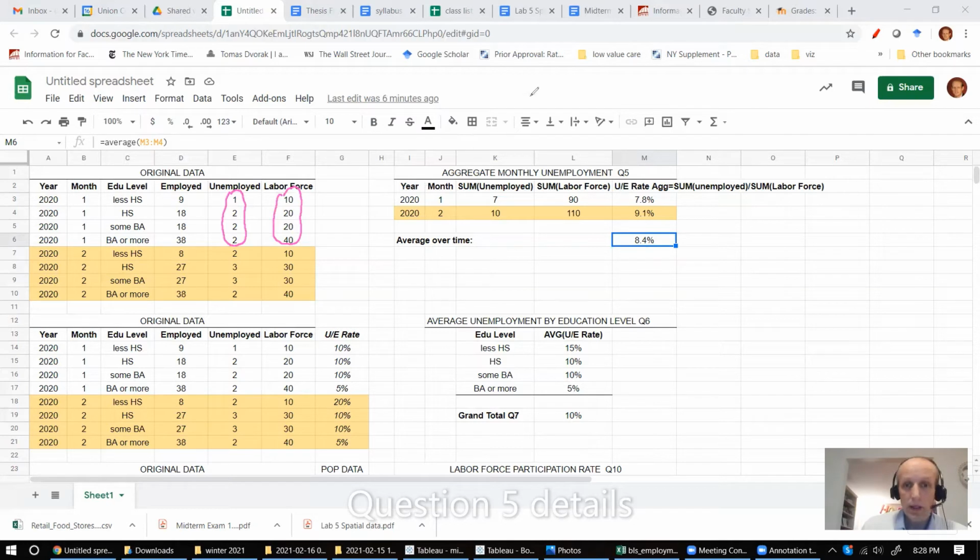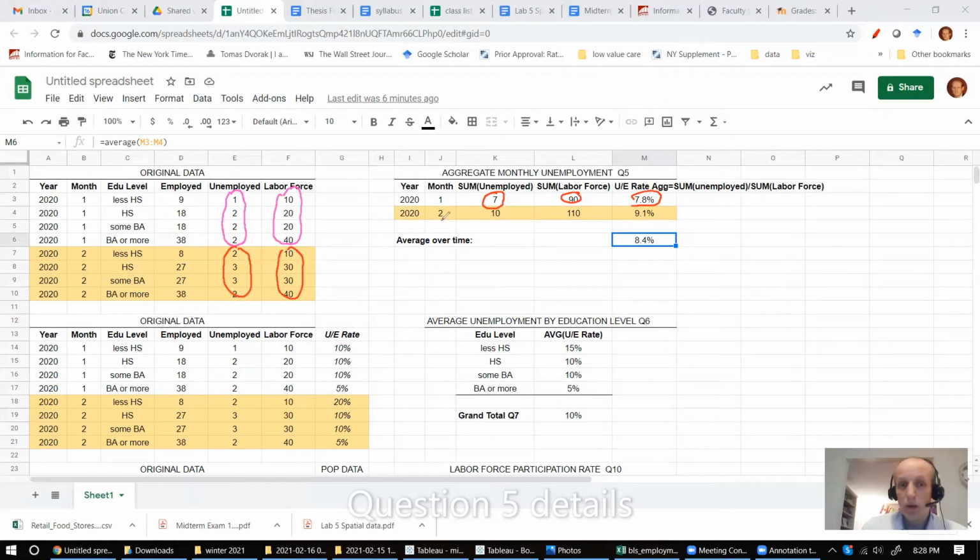If I do the same thing for February 2020, add up these numbers and divide them by these numbers, I'm going to get the aggregate unemployment rate in February 2020. The resulting data set would look something like this. If I add up the number of unemployed in January 2020, that's 1 plus 2 plus 2 plus 2, that's 7, divided by 90 gives me the aggregate unemployment rate for that month and year, 7.8%.